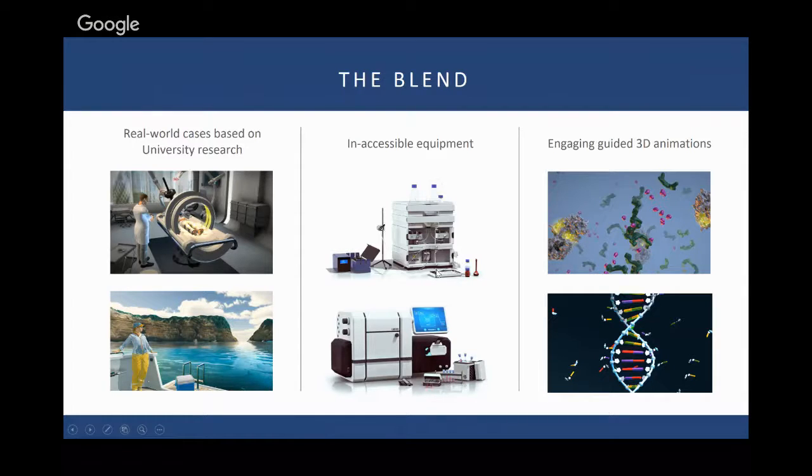Then another key thing about Labster is obviously that we give access to this very high quality equipment. Here are some examples of that, where we can, for instance, allow the students to experiment many times over and over again with really complex, expensive equipment that in many schools and universities around the world has very limited access, where the students may only get to use a machine a few times during their semester.